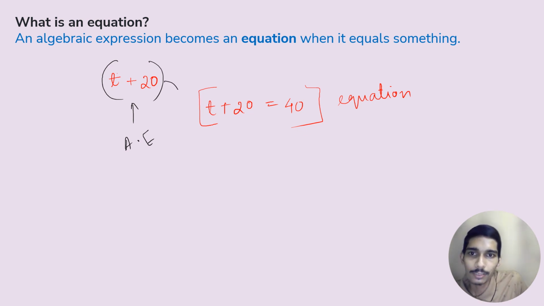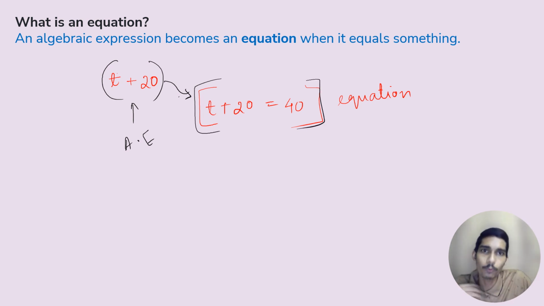I said that t plus 20 when added together will give 40, meaning t plus 20 is equal to 40. Then this whole expression got converted to an equation. Understood? So an algebraic expression becomes an equation when it equals something. When does an algebraic expression become an equation? When we put an equal to sign and give some value to it.